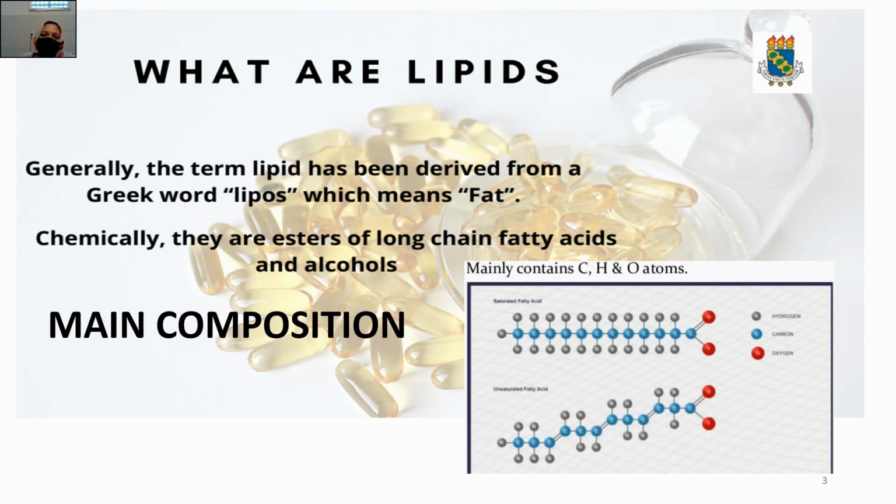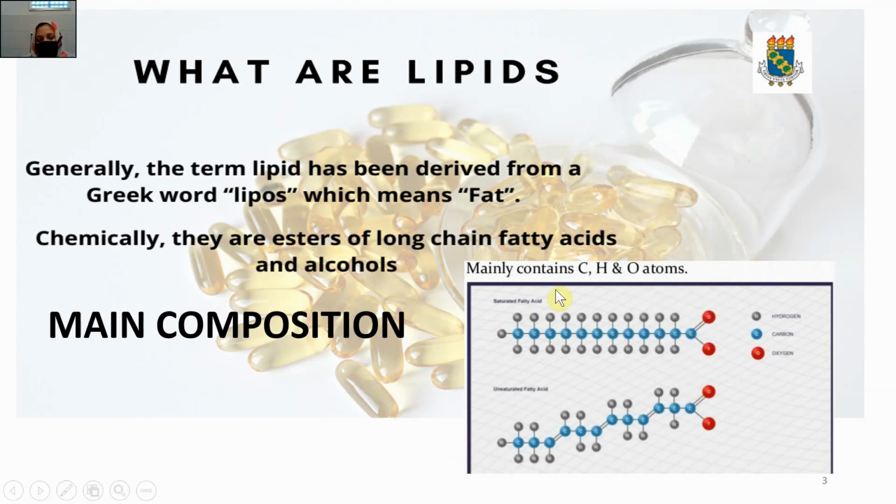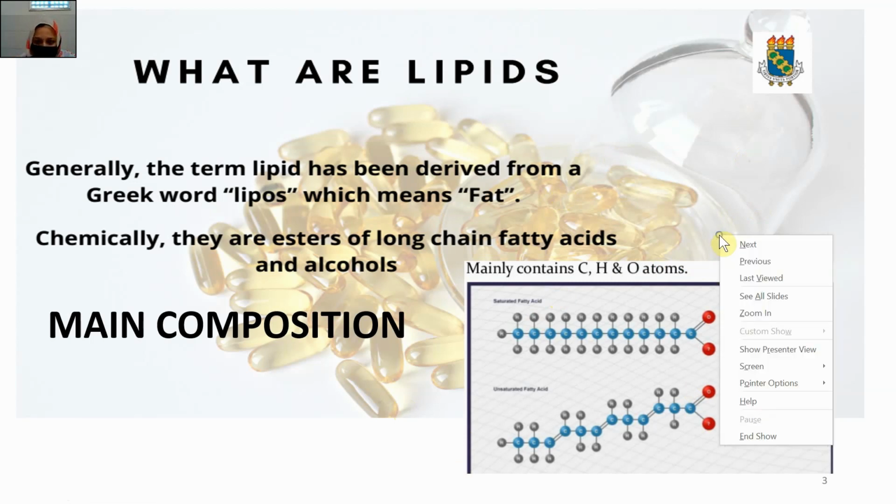So if you look at this structure, you can see that the main components of the lipids are carbon, hydrogen, and oxygen, along with some minor groups that can be in the form of phosphorus, sulfur, or some nitrogen groups.